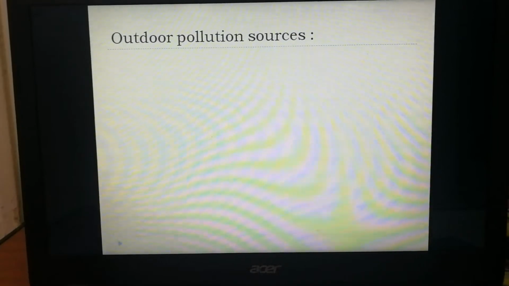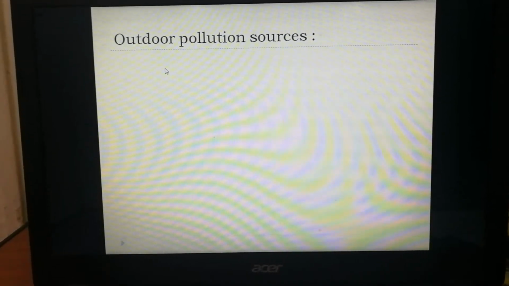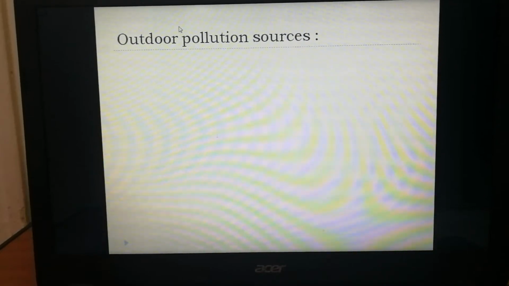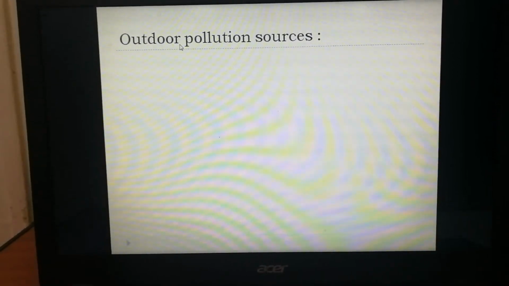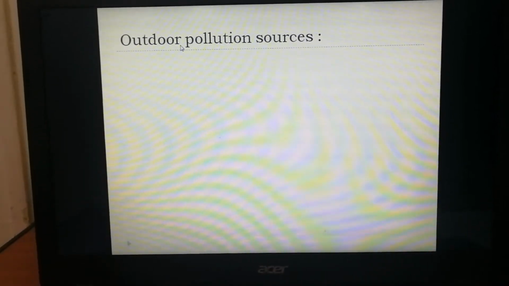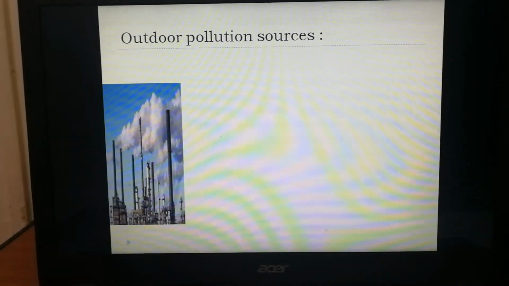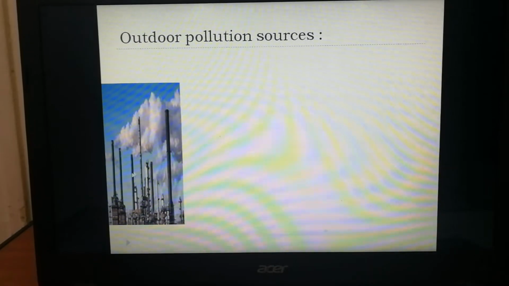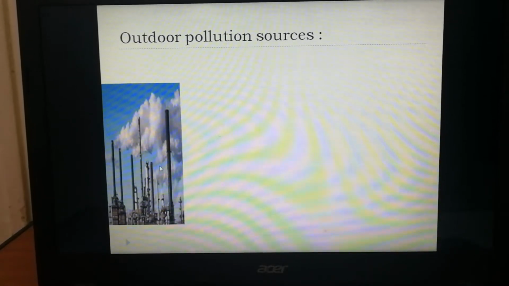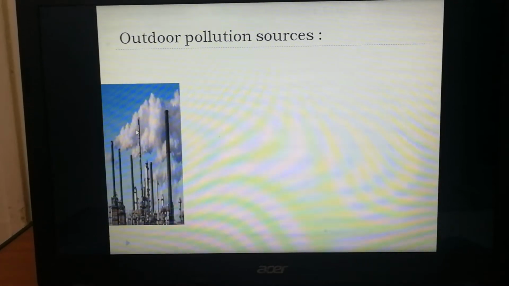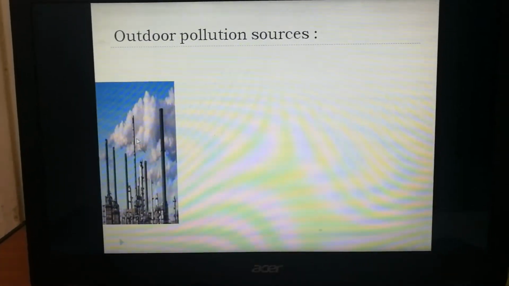Then we have outdoor pollution. Outdoor, in the street. When you go out in the street, when you walk into any place, you might see something that pollutes the air. For example, we have factories. They produce smoke into the air. This smoke pollutes the air.